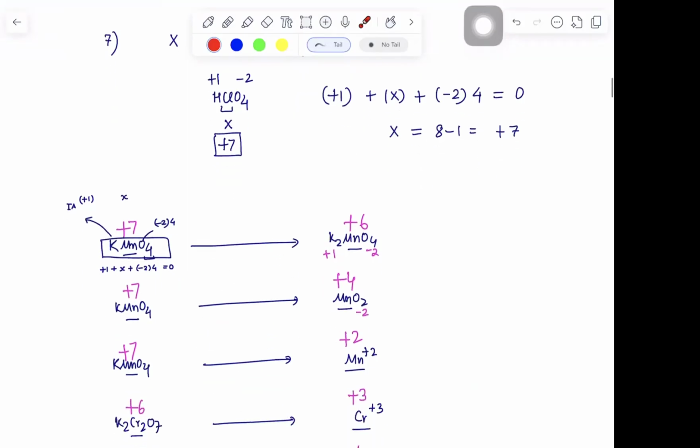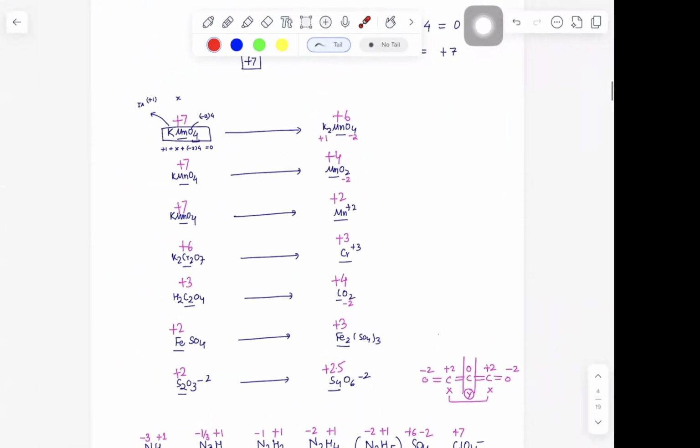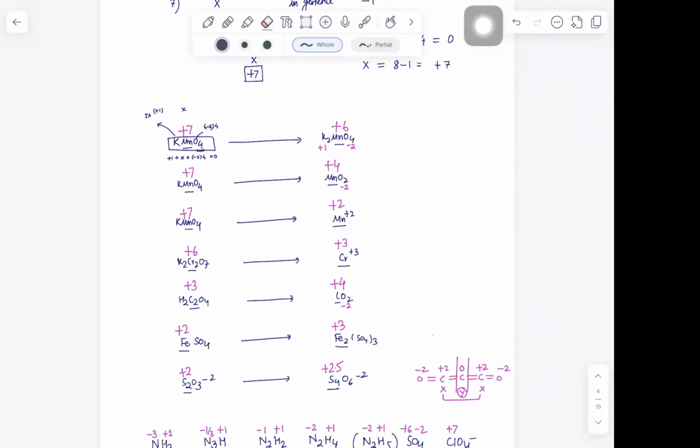Now, just for practice, please solve these cases. Let me remove this and then you try yourself. Check yourself. What you have to write is the oxidation state of the underlined members. Apply these rules and write the oxidation state of the underlined members.